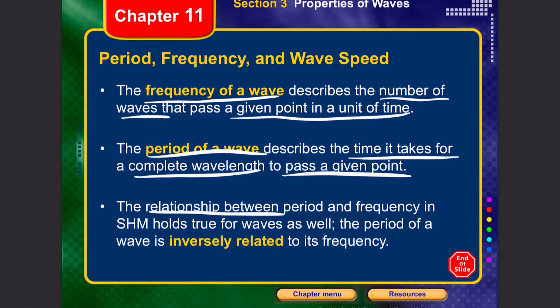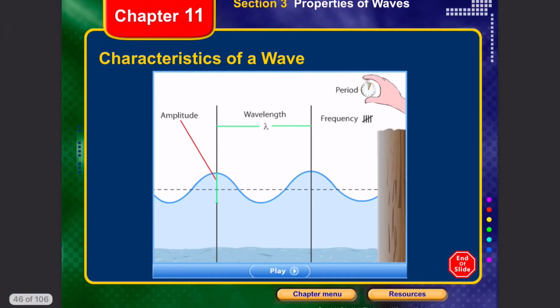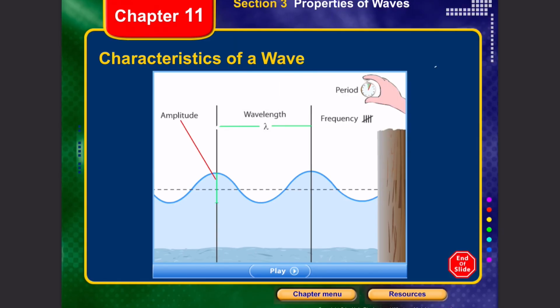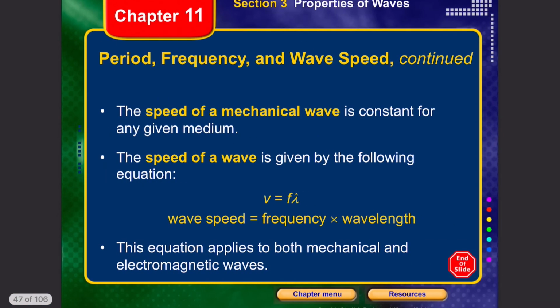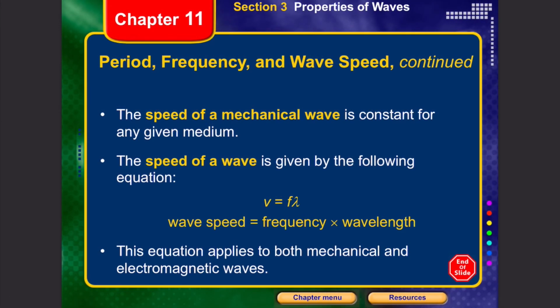The relationship between period and frequency in SHM holds true for waves as well: the period of a wave is inversely related to its frequency. Again, the wavelength is the distance between two tops, or the length of one entire cycle of a wave. There is a good relationship between the frequency of a wave and its wave speed.